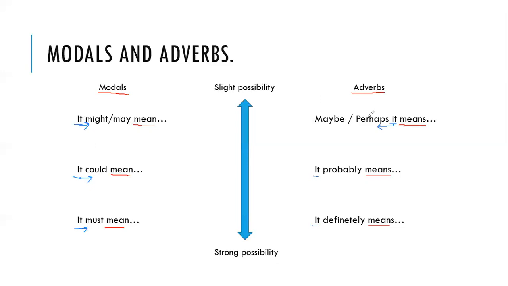When we use maybe and perhaps, we use them before the subject. Okay, so now that we have this information, I'm going to show you one example, or some examples.